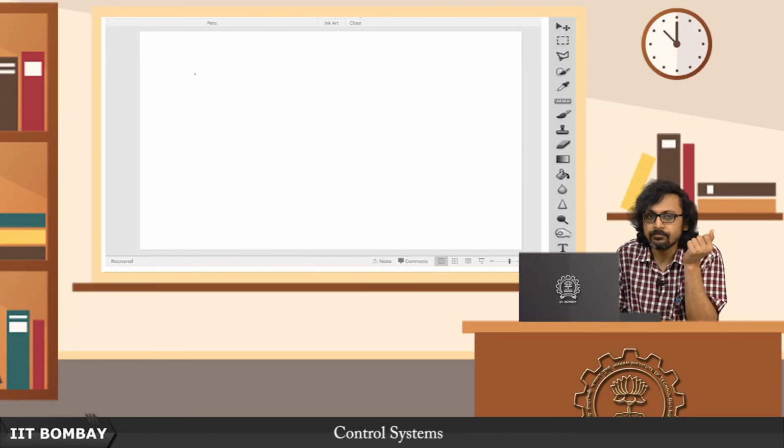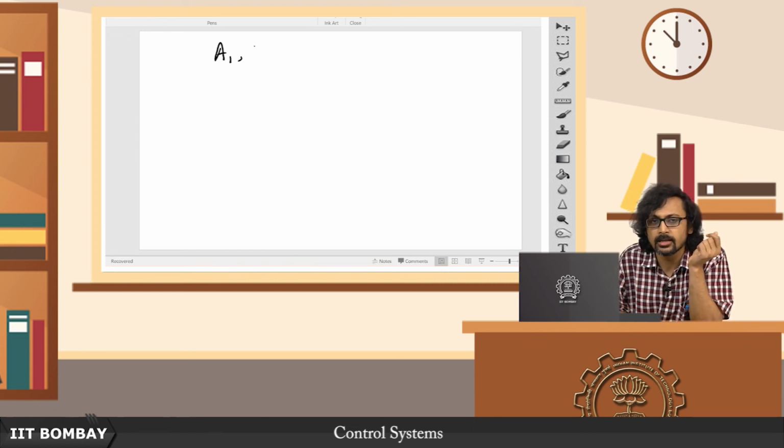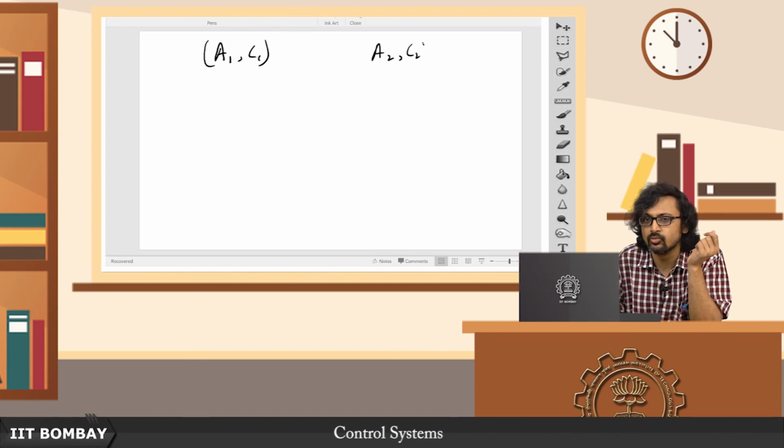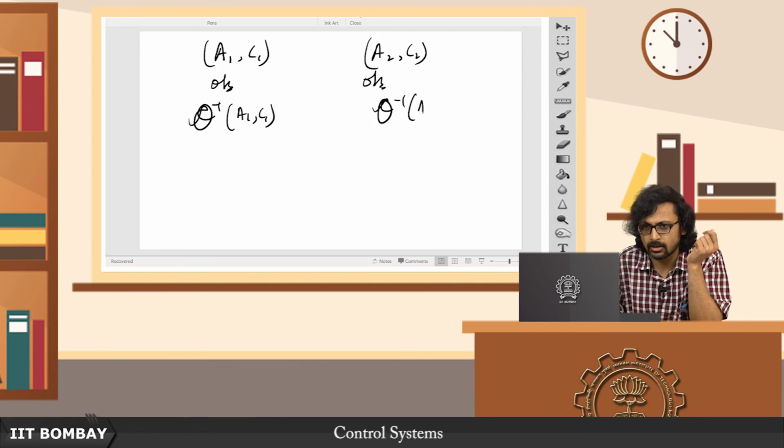Now notice, if I have an observable realization A1 C1 and an observable realization A2 C2, this is observable, therefore O inverse of A1 C1 and O inverse of A2 C2 exist, both exist.